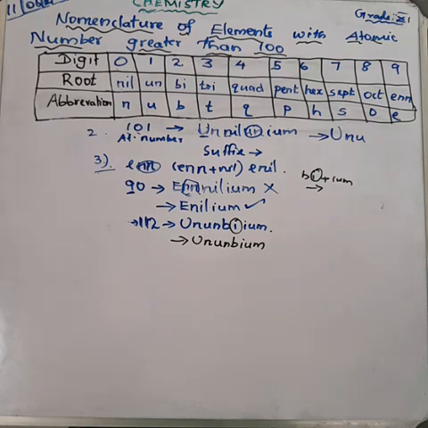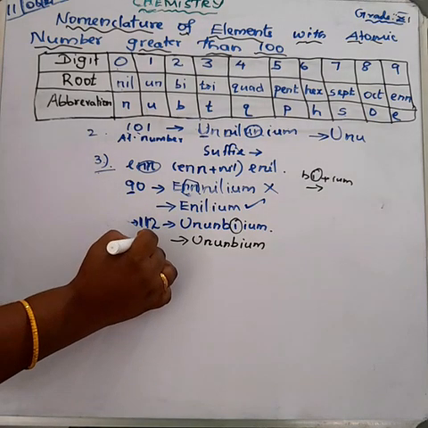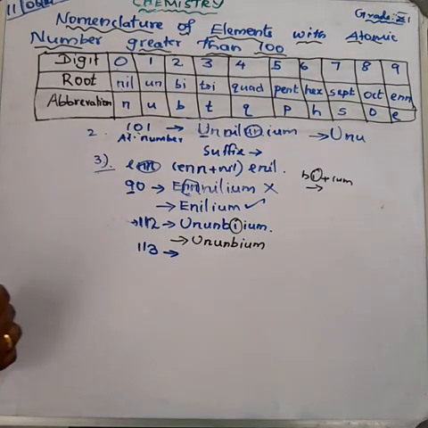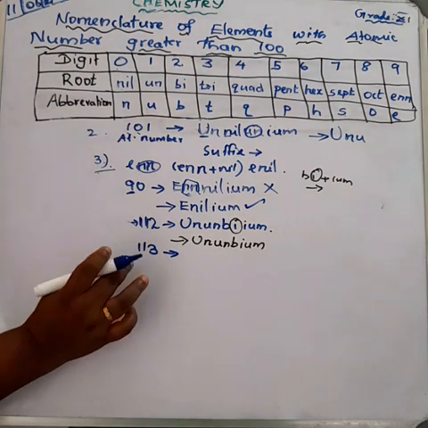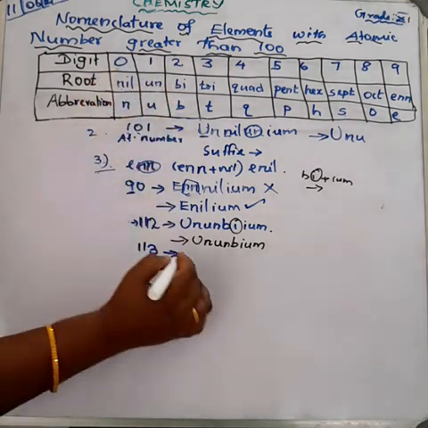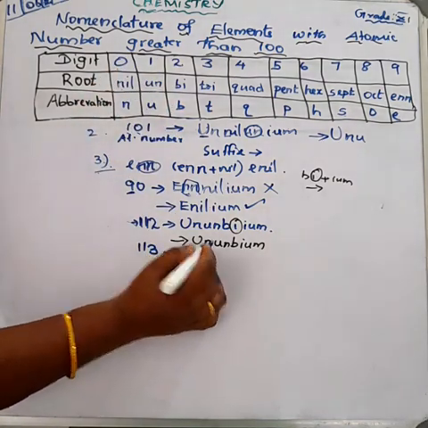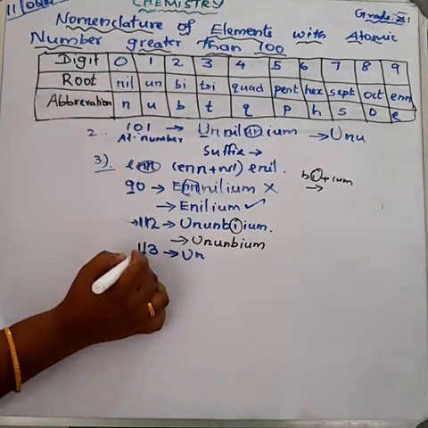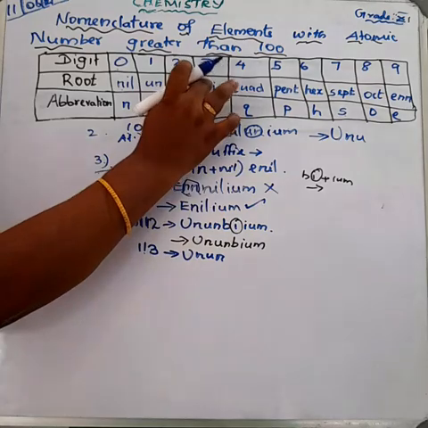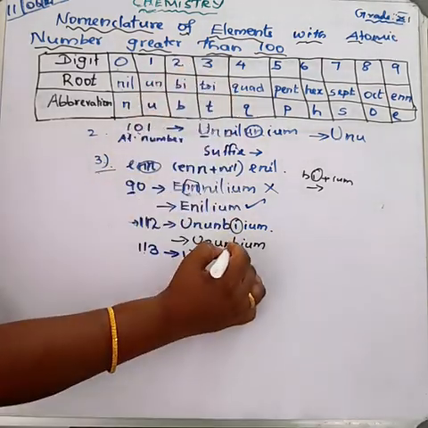Okay, another example I am taking, 113. For the digit 1, what is the numerical root here? Un. And again 1, you can write un. After that 3, what is the numerical root for 3? Tri.